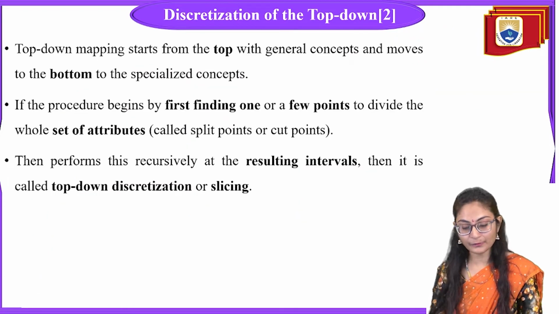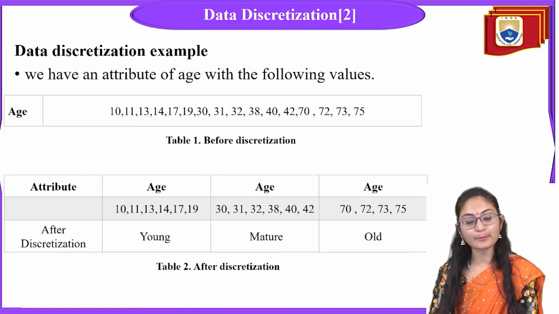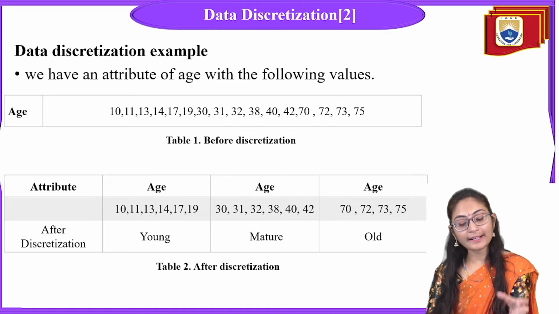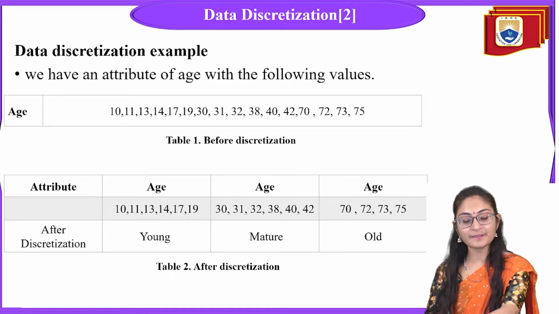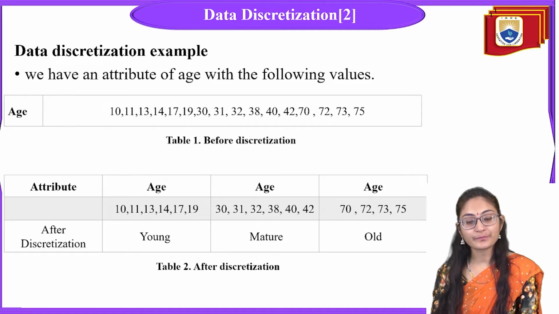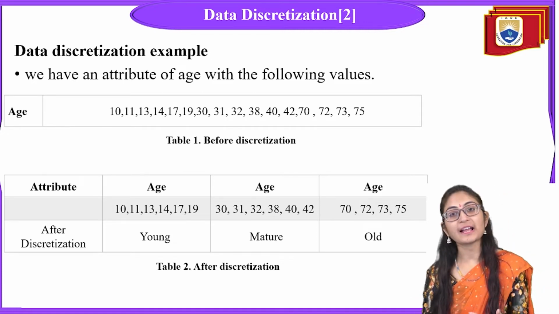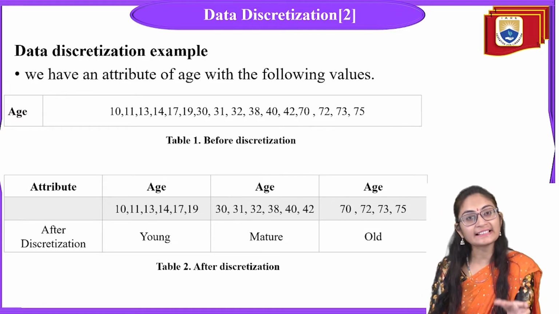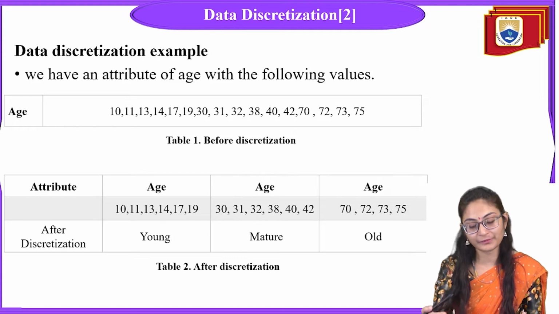Now again we will see one more example of data discretization. Here I have taken some values as ages from 10 to 75. First I have to split that data, and after splitting I will give a specific value.